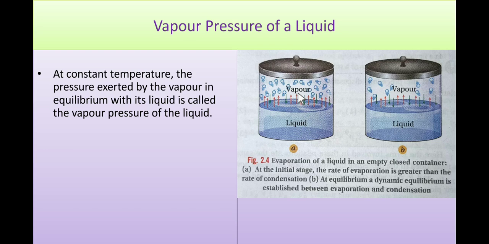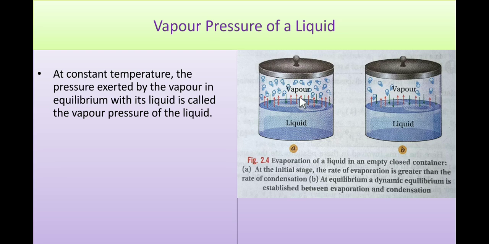Vapor molecules, due to their weak forces of attraction, are in random motion, colliding with one another and with the walls of the container. The vapor molecules with lower kinetic energy cannot get rid of the intermolecular forces of attraction exerted by the molecules at the liquid surface, thereby return to the liquid phase. This process is called condensation.